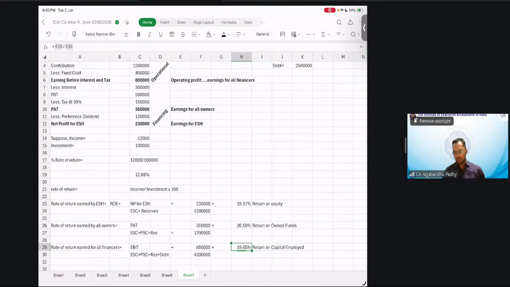Which means the company has earned 19.05% for all the finances. Then rate of return earned by all owners is 20.59%, and rate of return earned by equity shareholders, given only to the equity shareholders, is 19.17%.